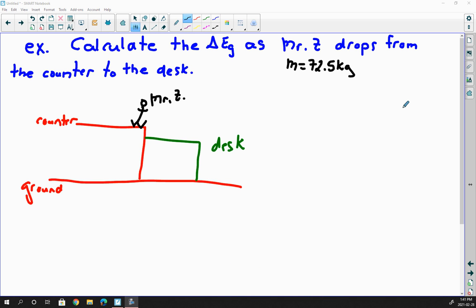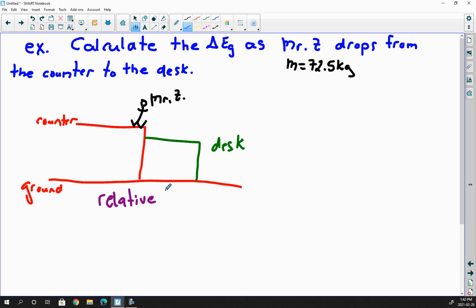So here's an example, kids. Calculate the change in gravitational potential energy as Mr. Z drops from the countertop at the front of the class to the desk. Now, when you do gravitational potential energy, you have to ask where your 0 point is going to be. It's a relative quantity.